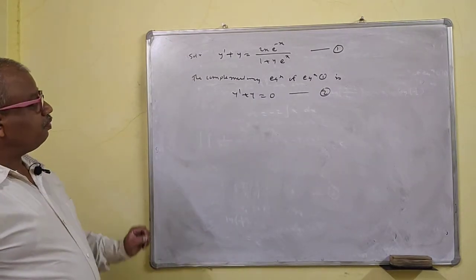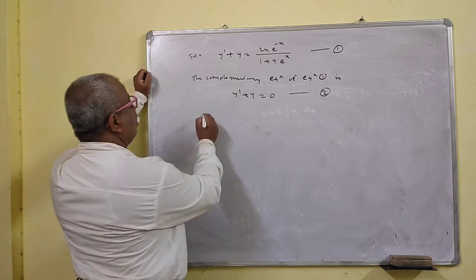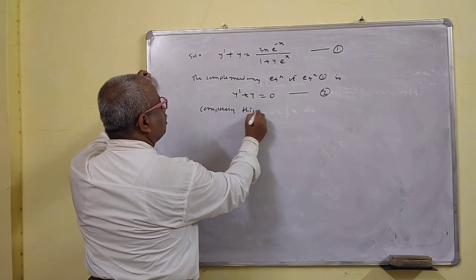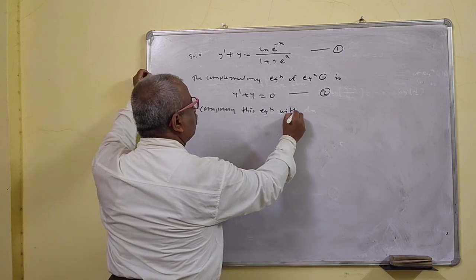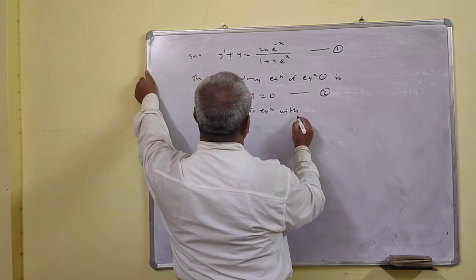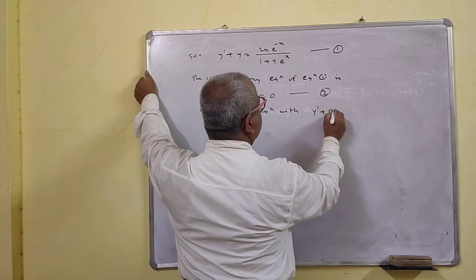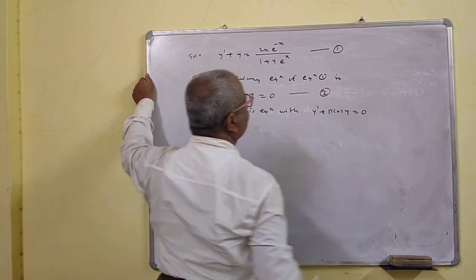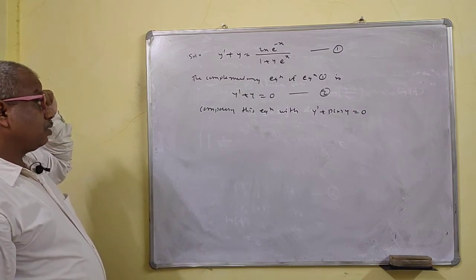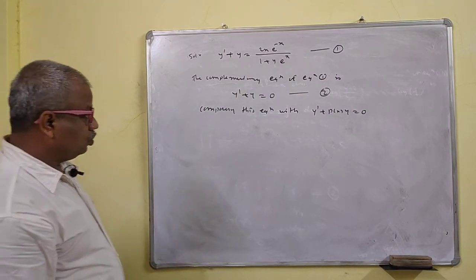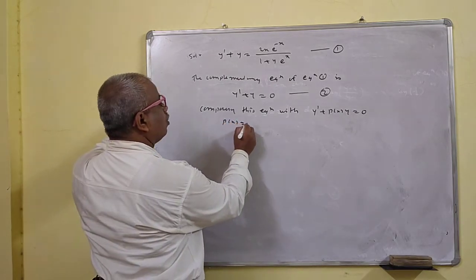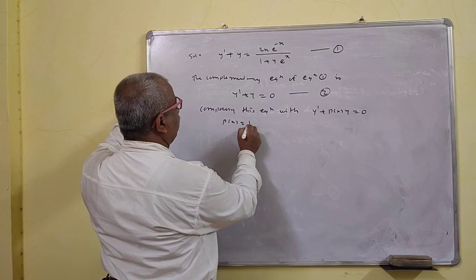Comparing this equation with y prime plus p of x times y is equal to 0, p of x is equal to 1.